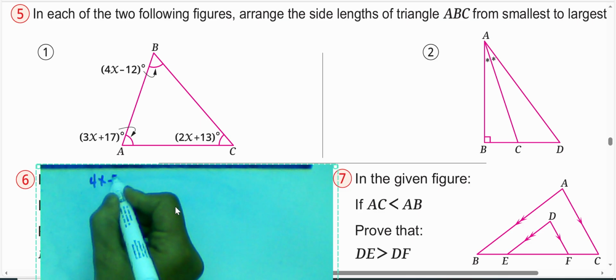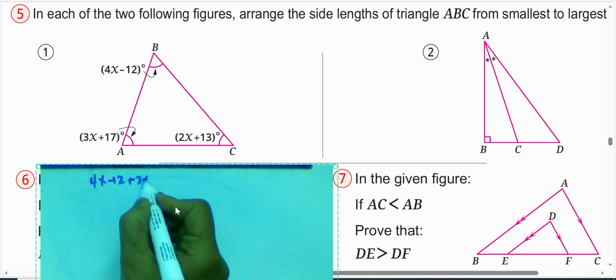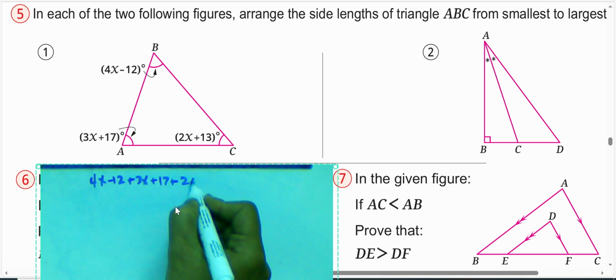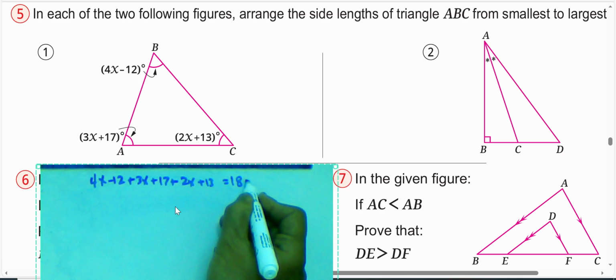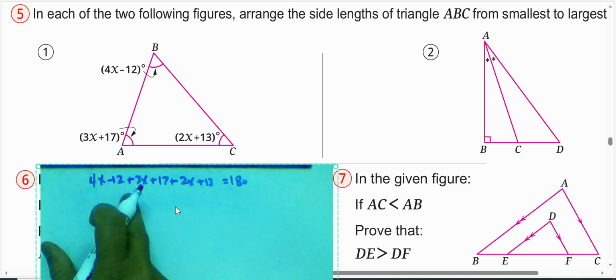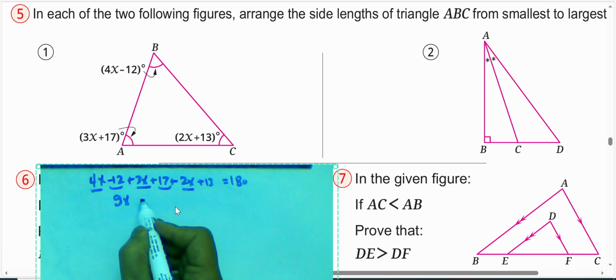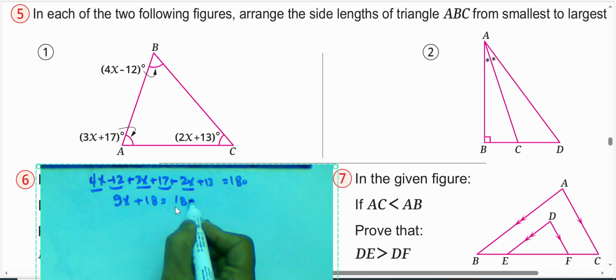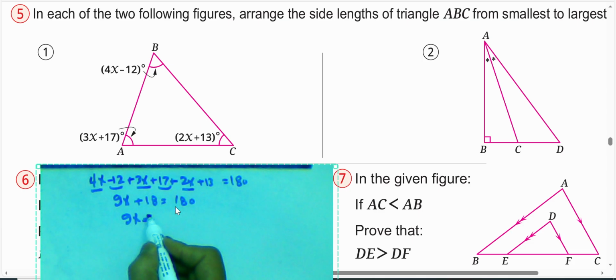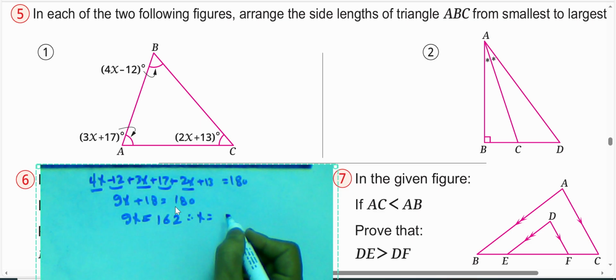First step, we write 4x minus 12 plus 3x plus 17 plus 2x plus 13, and the result will be 180. 4x plus 3x is 7x, plus 2x is 9x. Negative 12 plus 17 is 5, 5 plus 13 equals 18, so 9x plus 18 equals 180. Then 9x equals 180 minus 18, which is 162. 162 divided by 9 equals 18. Then x will be 18.